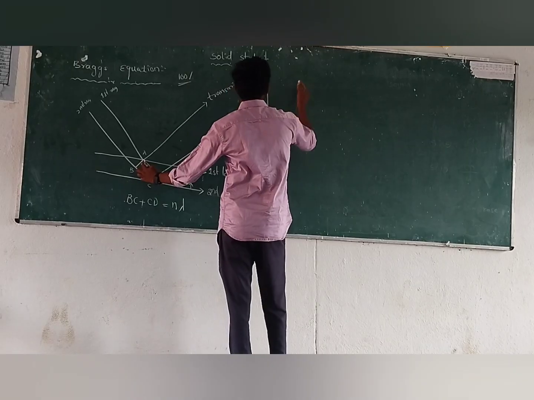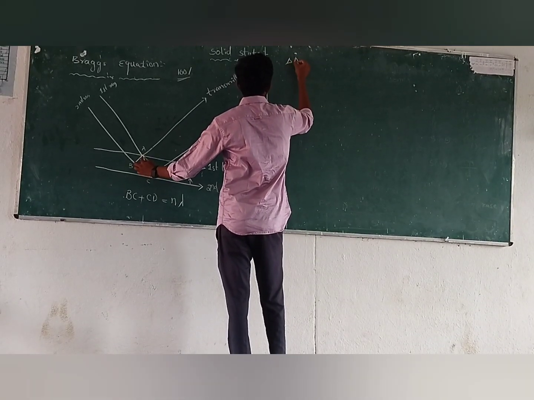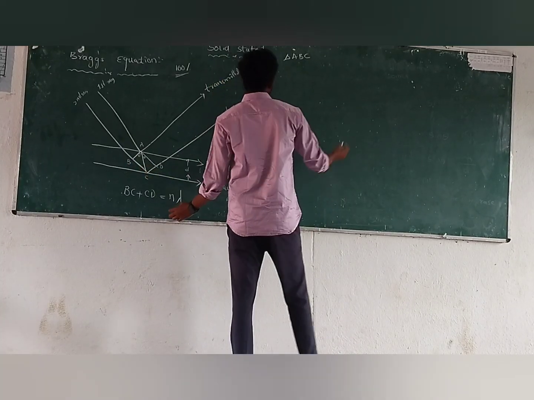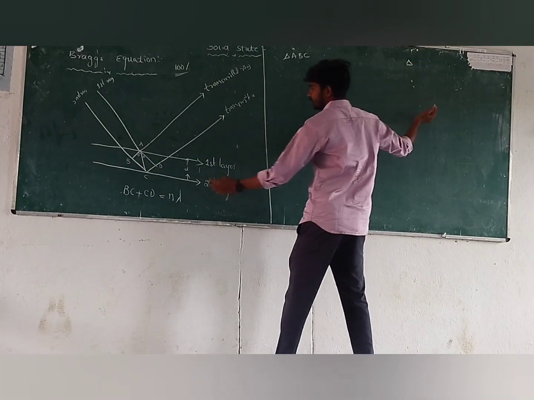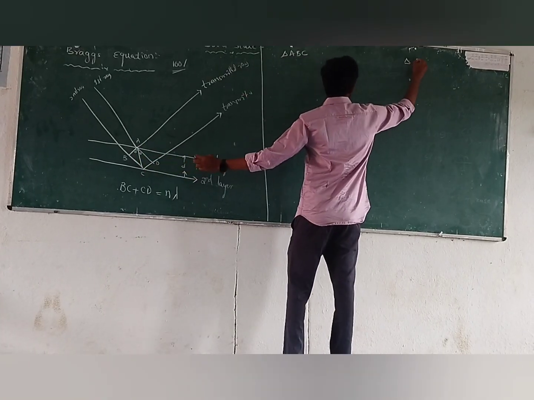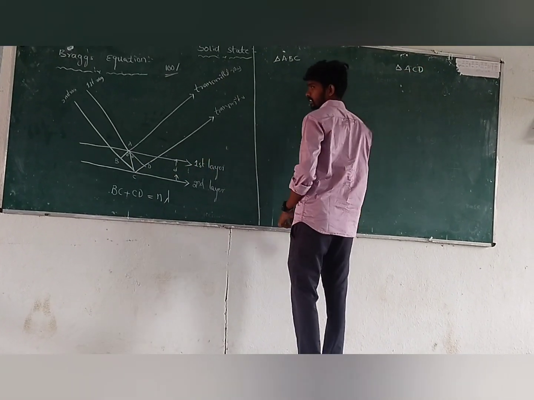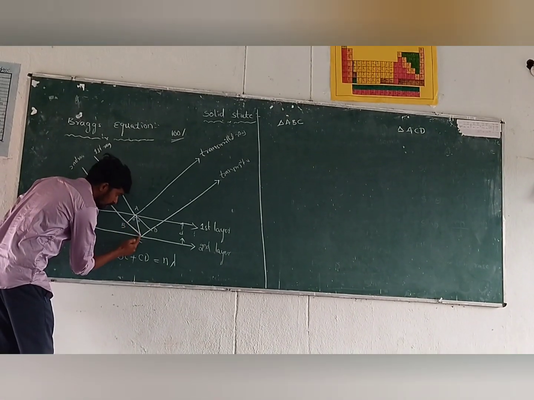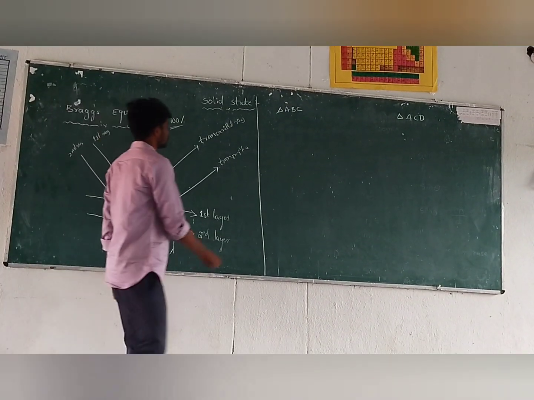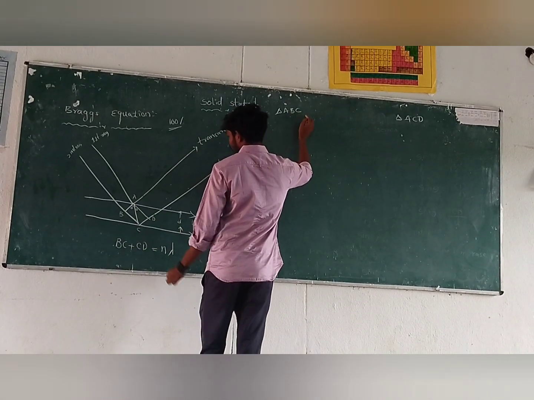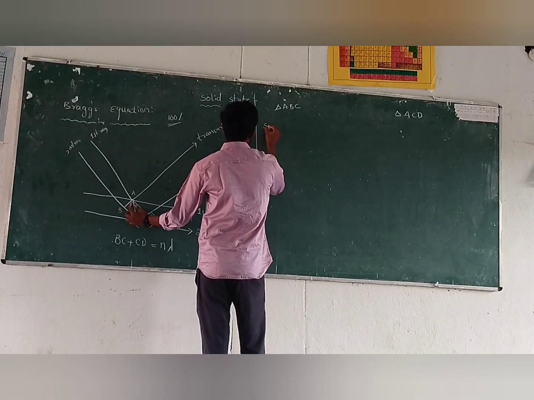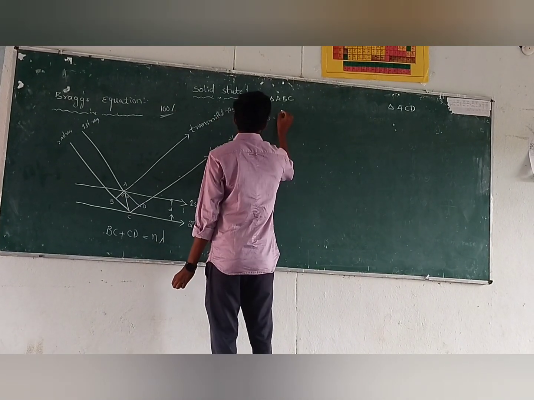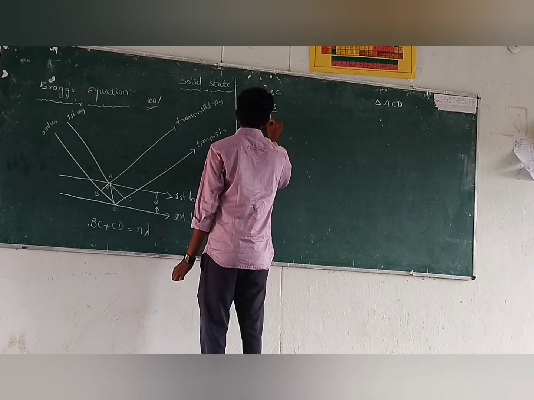In this diagram I have taken triangle ABC, and another one, triangle ACD. Observe triangle ABC first. In this triangle I take sin theta. What is sin theta, sir? Opposite side by hypotenuse.